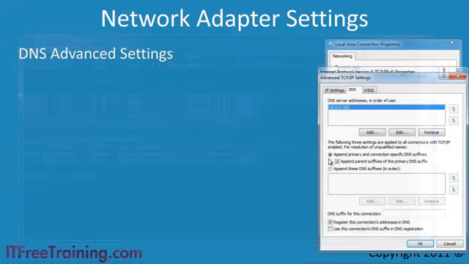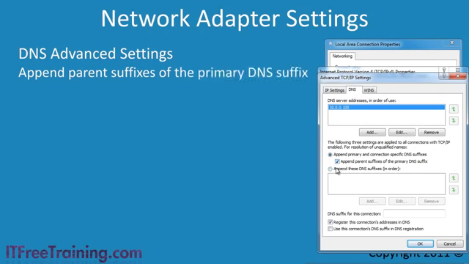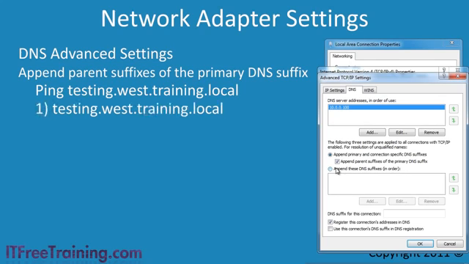The next option, Append Parent Suffixes of the primary DNS suffix, does not apply when using a domain like this one. Instead, imagine a domain like testing.west.training.local. When you attempt to resolve a DNS name with this option on, the operating system will attempt to resolve it with the full DNS name of testing.west.training.local.